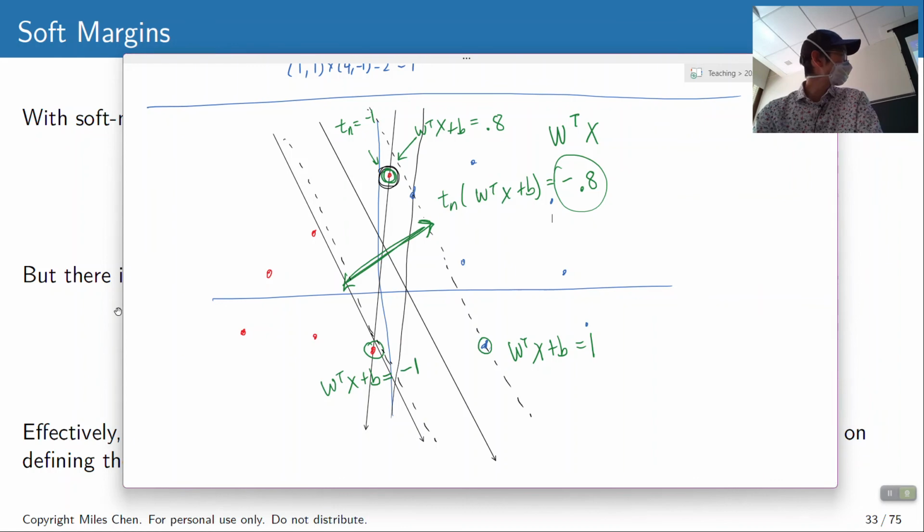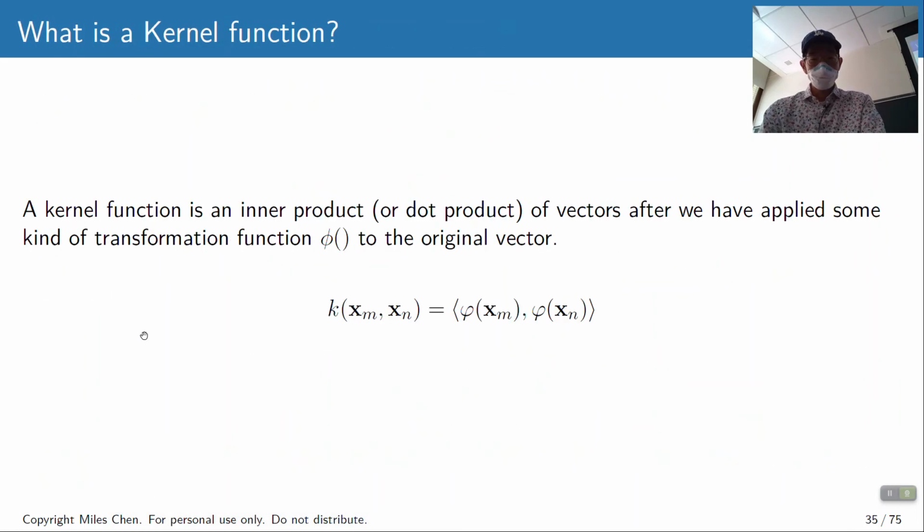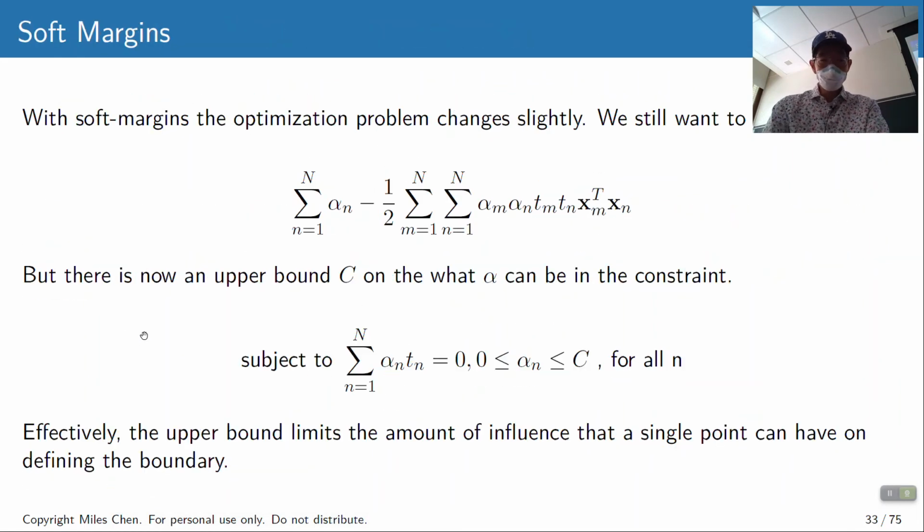When we have the soft margin, we're putting a limit on it, saying this point can influence the boundary, but we don't want it to have so much influence that it changes the entire direction of that boundary location. So we're putting upper bounds on how much any one point can influence defining the boundary.